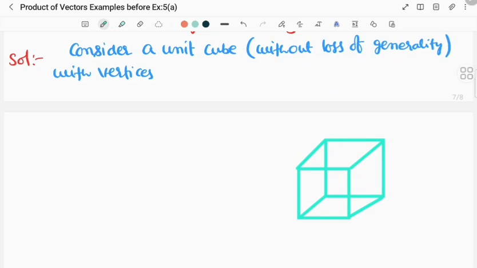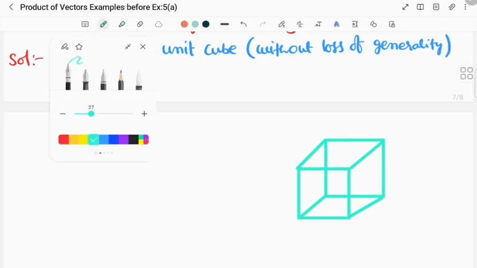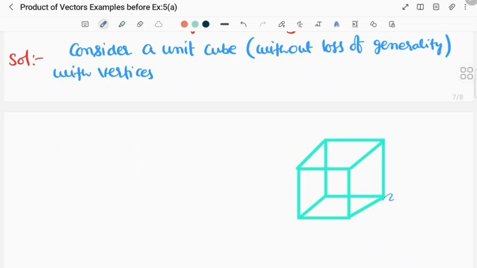After that, a little extension you can take. X-axis, Y-axis, Z-axis. This is the origin.